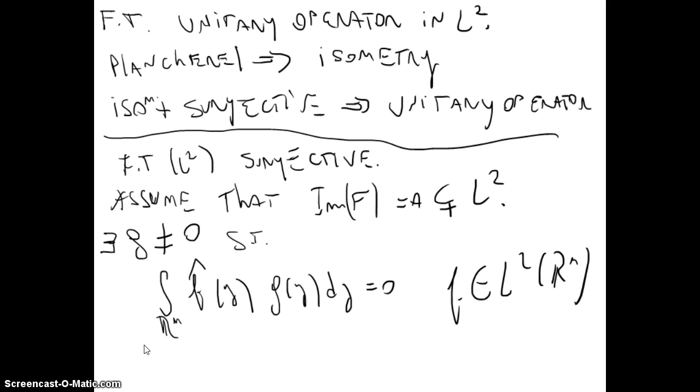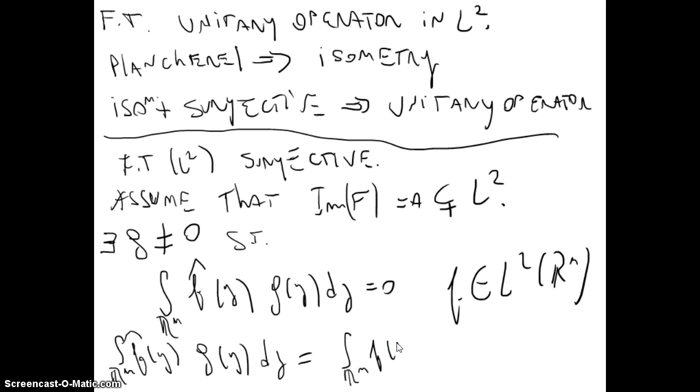Okay, so now we will use a property of the Fourier transform that we described before, which we will extend to L2, and it's the following: the integral of f transform times g, that we already know is equal to 0, is equal to the integral in Rn of f times g transform.